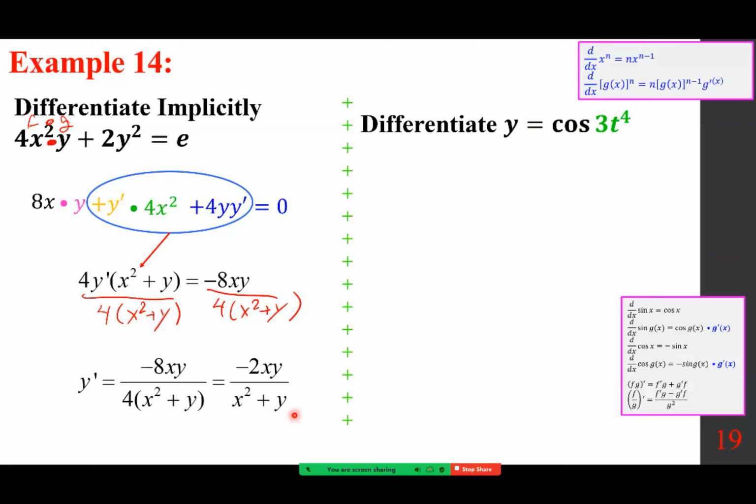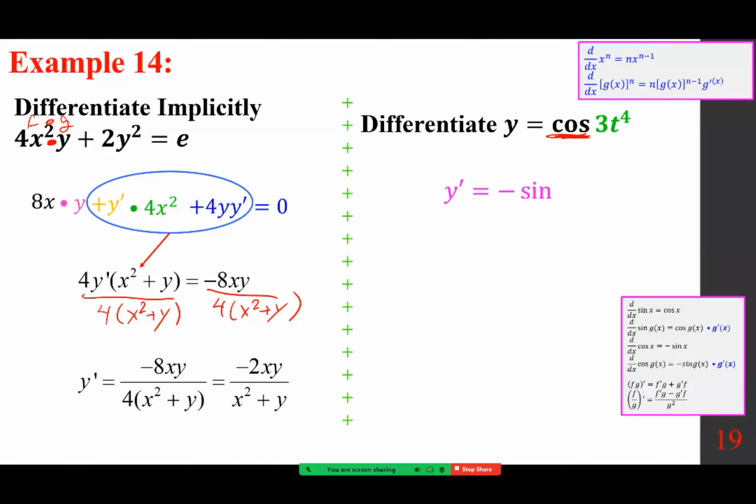Anytime we deal with trigonometric functions and you want to differentiate, it's important to read it properly. I would read cosine, and I would stop. That's all. The derivative of the cosine is negative sine.